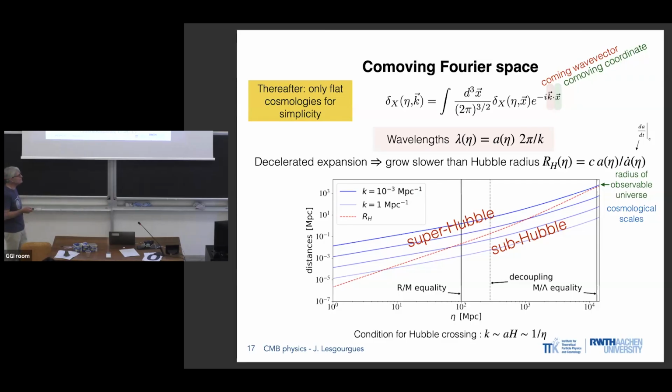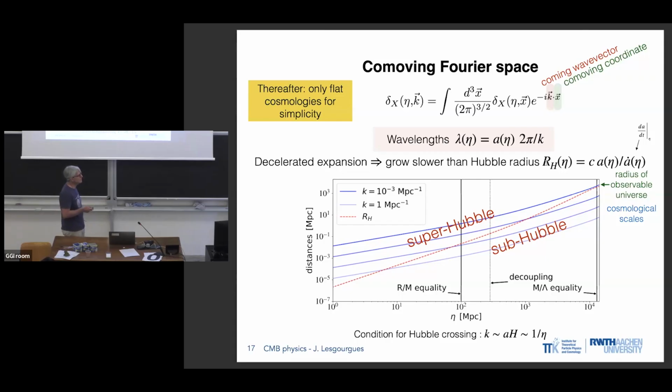Today, by definition, if I plot here distances with respect to conformal time, in blue, I show a bunch of observable cosmological fluctuations, or at least their wavelengths. And in red, I show the evolution of the Hubble radius. Today, I know that all my observable wavelengths are sub-Hubble, because otherwise I would not see them, for the simple reason that the Hubble radius today gives you an approximation for the observable radius of the universe.